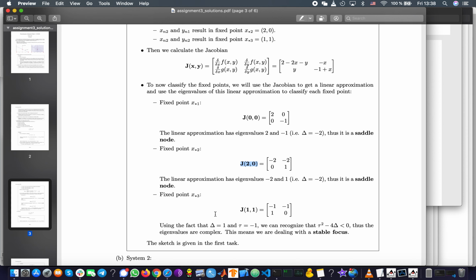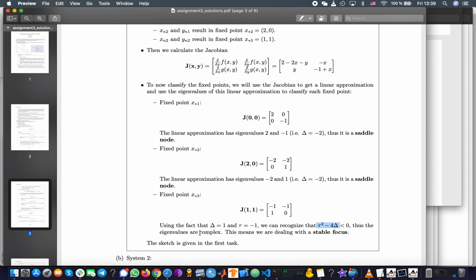And as well as for the other fixed point, again you can find it. So this is 0, therefore I just have minus bc. Therefore I have minus 1 times 1. Therefore tau squared minus 4 delta is equal to like a negative 1.